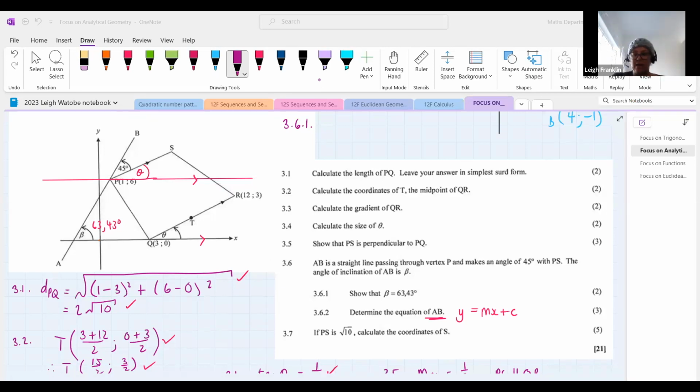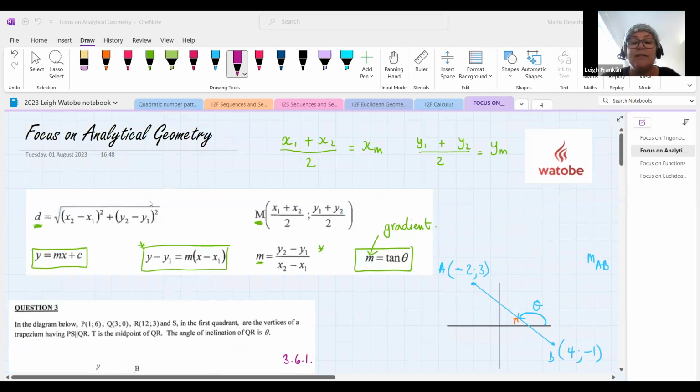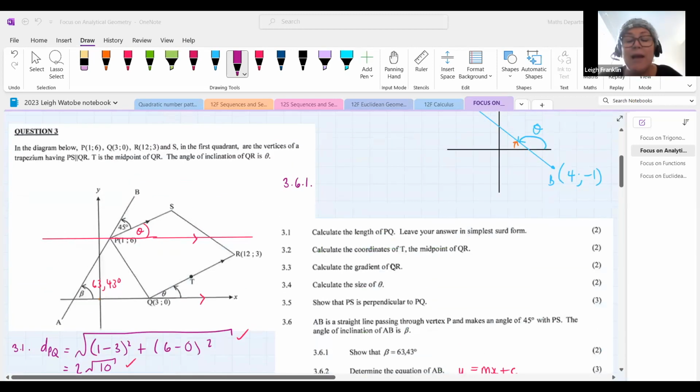There we go. So Cassandra's put it in the chat. Well done, Cassandra. You're quite right. But now you need to be careful. Again, there's more than one angle here. I know that on our formula sheet, it says tan theta equals m. But in this case, it's not tan theta, it's tan beta. So tan beta is m.